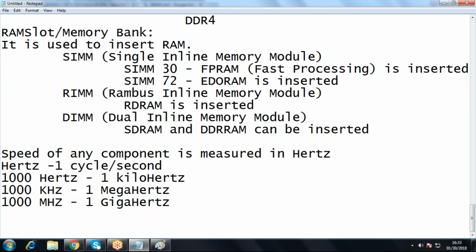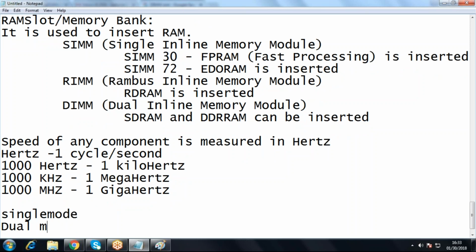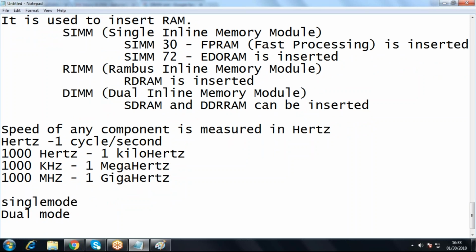Next point regarding RAM is when you start the system, sometimes the system will show something like single mode, dual mode, flex mode, and so on.